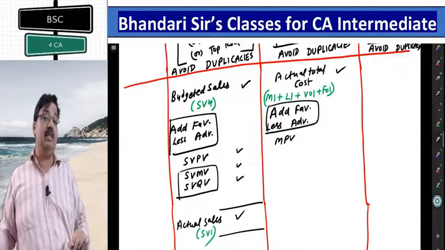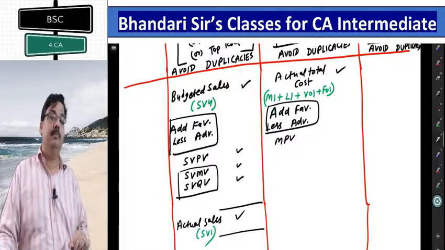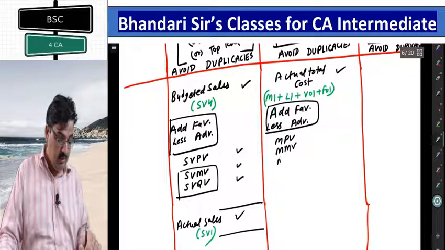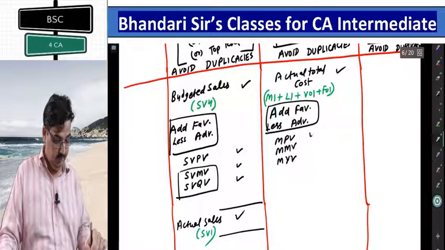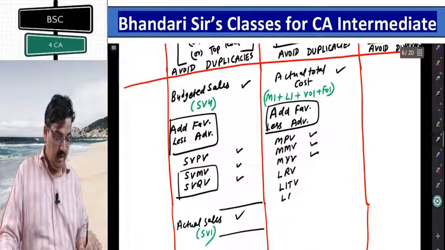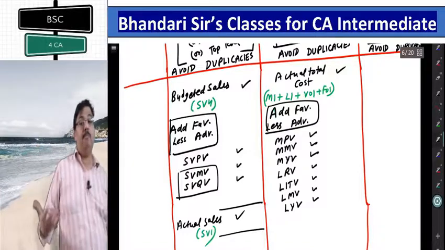Remember, price variance is middle also, bottom also. Never forget price category. Bottom level is mix, yield, labor rate, labor idle time, labor mix, labor yield. I am putting in sequence. You should be remembering the table by now.